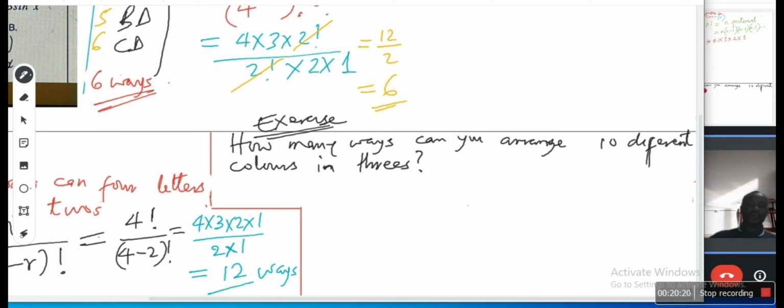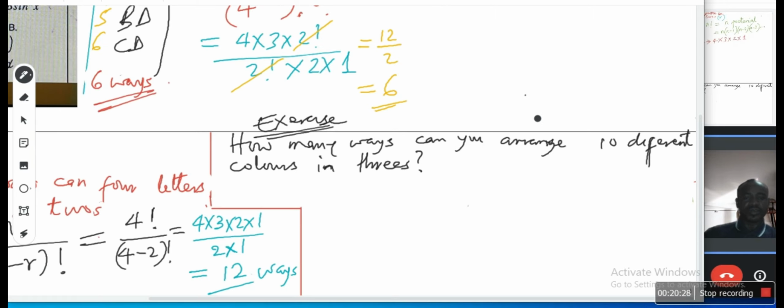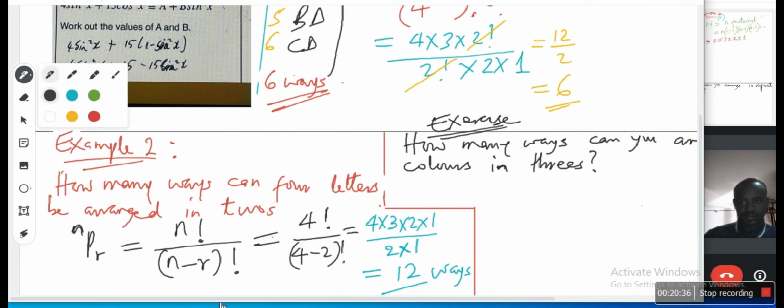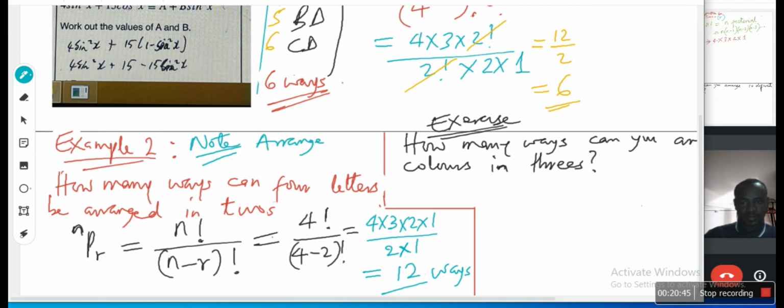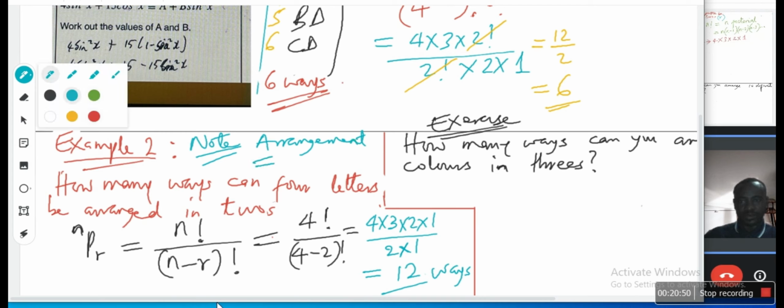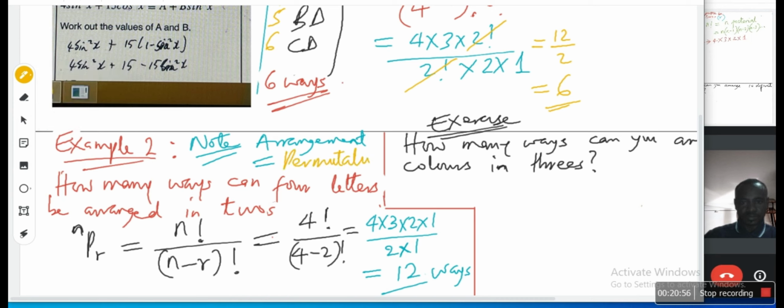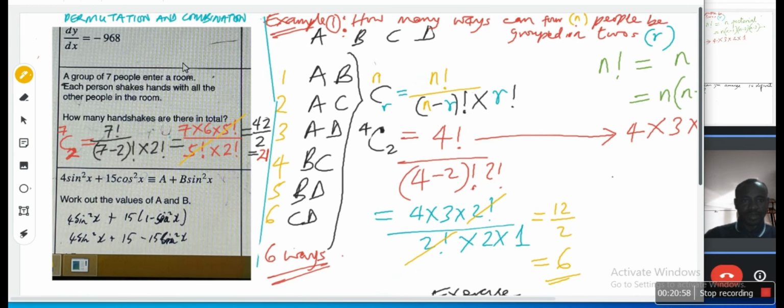So, can you solve this one? How many ways can you arrange 10 different colors in threes? In 3, 10 is n, 3 is r. They do arrangement, permutation. 10 factorial over 10 minus 3 factorial. Just a moment, let me write it down as you said it. Arrangement is about permutation, while grouping is about combination.